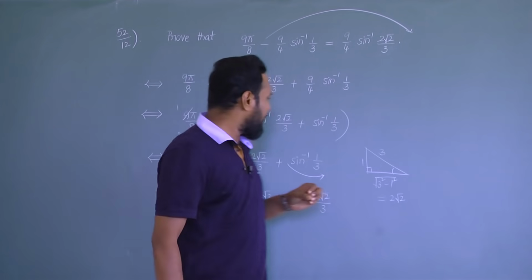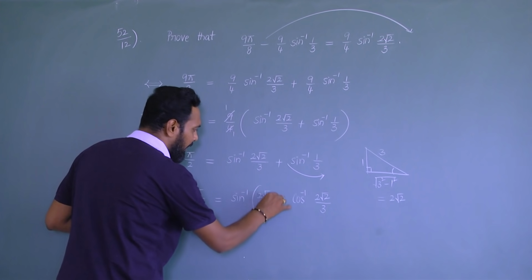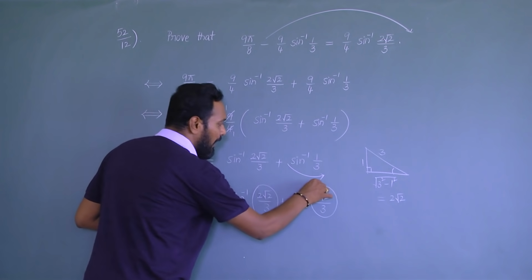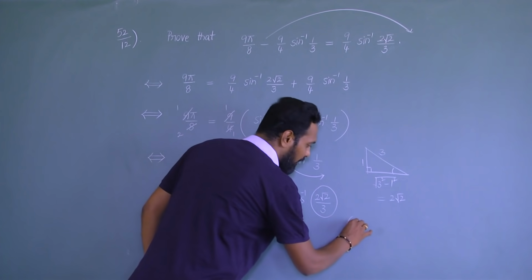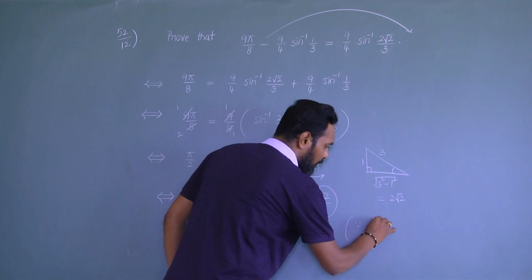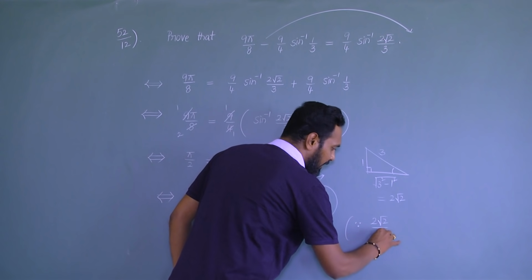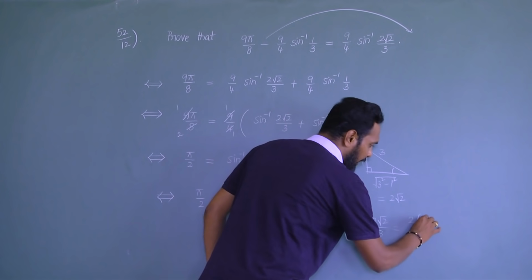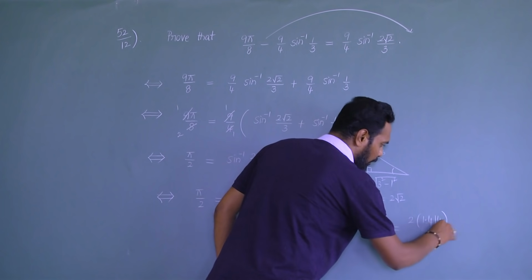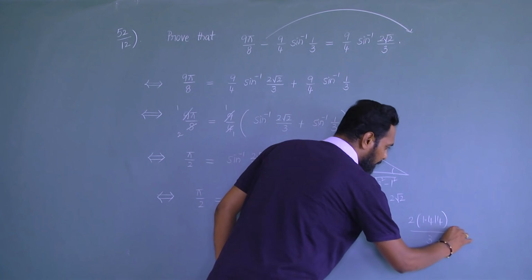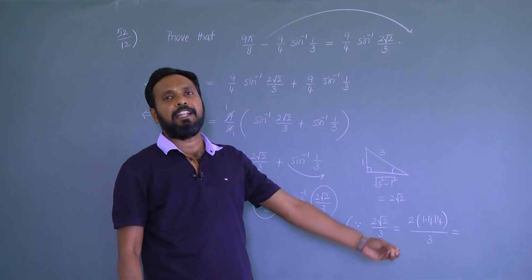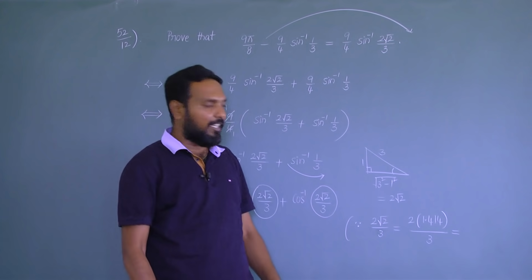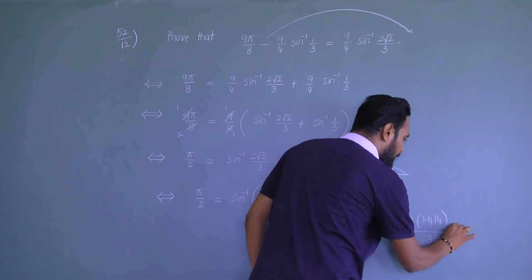Now whatever the value you got for x here, does this value lie in that interval minus 1 comma plus 1 or not, I want to check once. That is 2 root 2 by 3 equals 2 into 1.414 divided by 3. 2 into 1.414 means 2.828 divided by 3, which is less than 1.